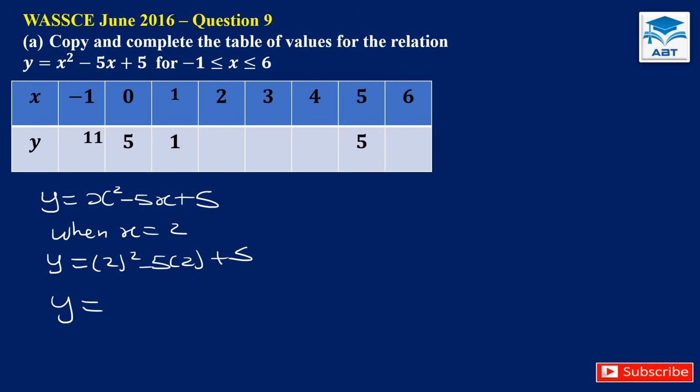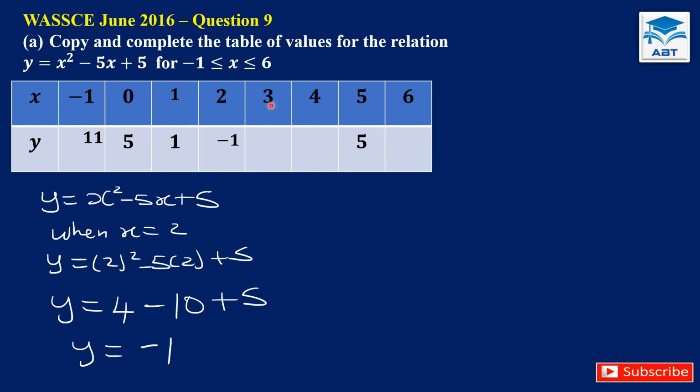So y will be 2 squared is 4 minus 5 times 2, 10 plus 5. 4 minus 10 plus 5 is -1. So when x is 2, y is -1. So that's how you complete the table.